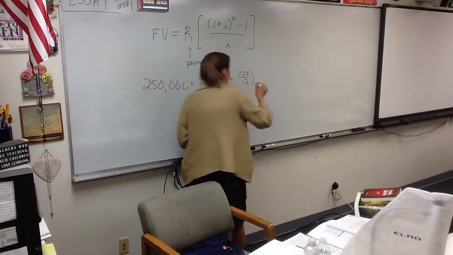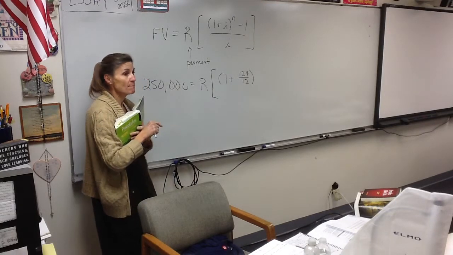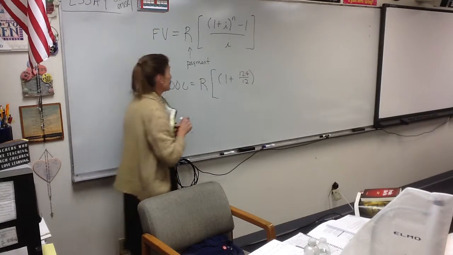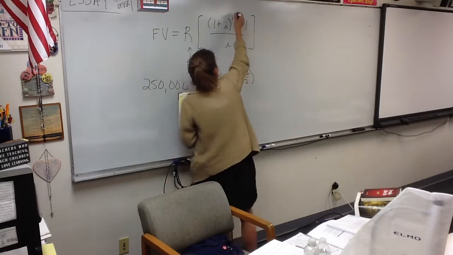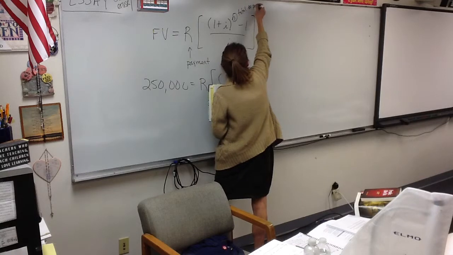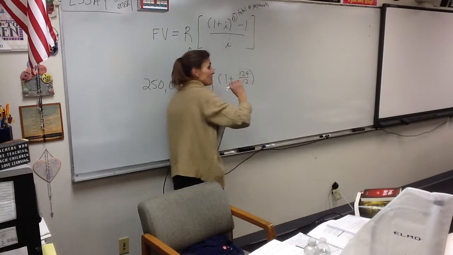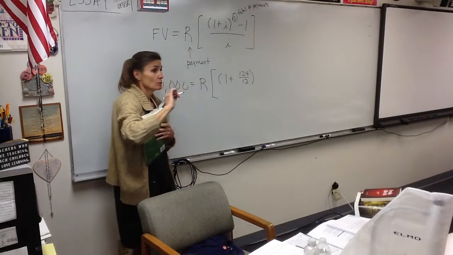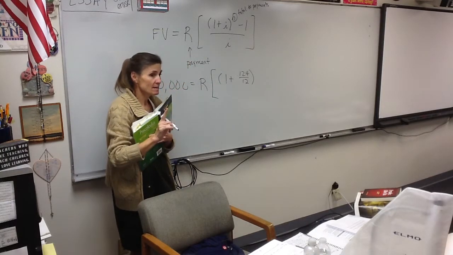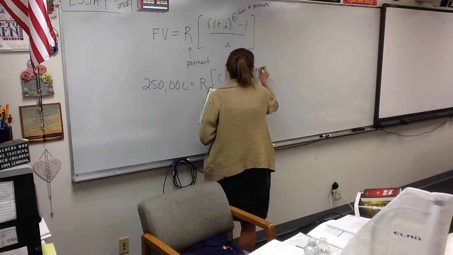And then N is the total number of payments that she's making in the whole problem. So think about this for a minute. How many payments a year is she making? 12. For how many years? 20. So N is 240.